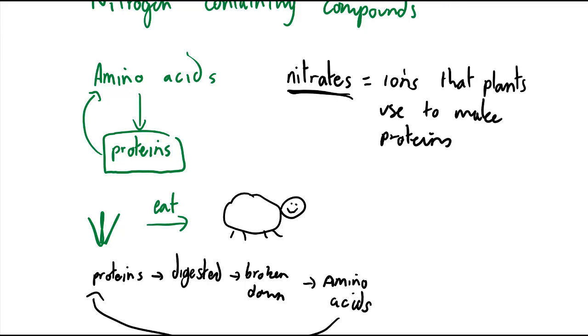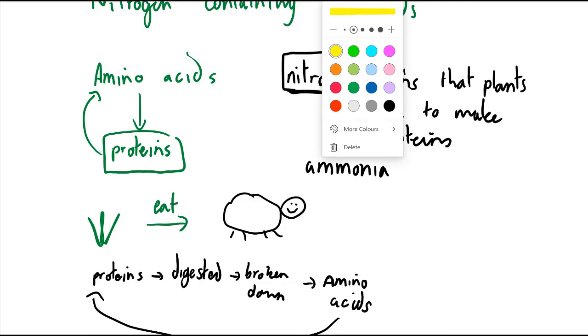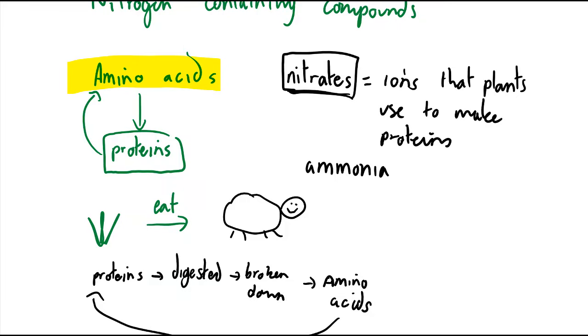So most of the nitrogen cycle, when you're thinking about plants, involves them converting something into nitrates so that they're able to use it. We also have ammonia, which contains nitrogen. So these are the four main nitrogen containing compounds involved in the nitrogen cycle: amino acids, proteins, nitrates, and ammonia.